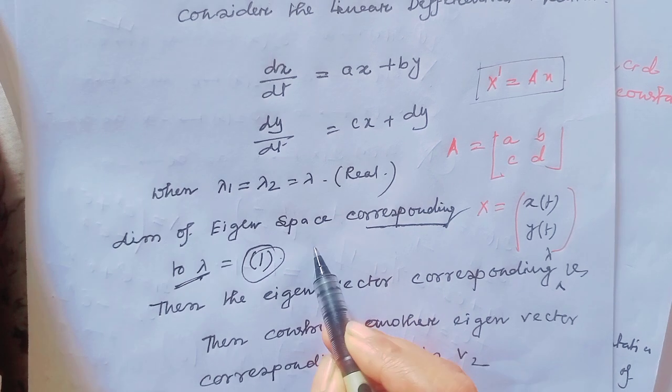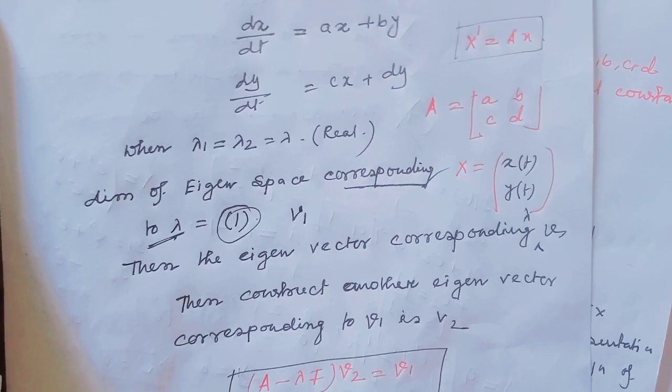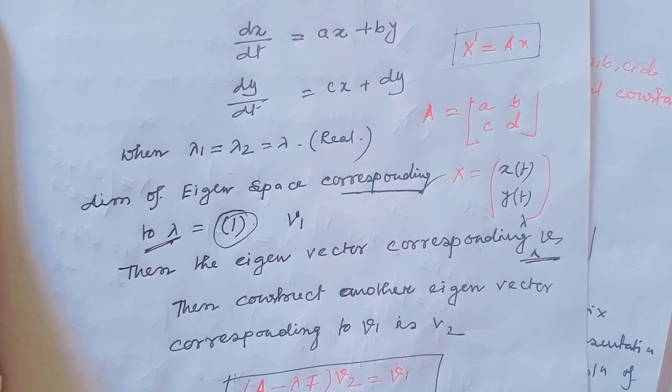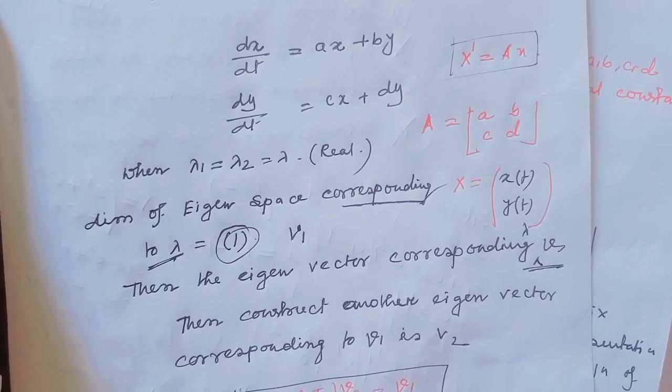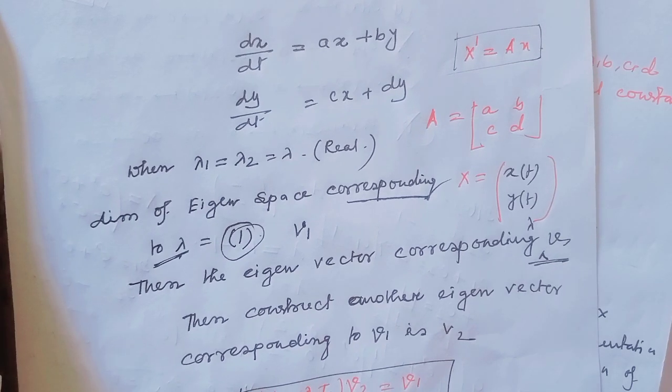there exists for lambda an eigenvector v1. Then the eigenvector corresponding to lambda is obviously v1. Then construct another vector corresponding to v1, which is v2.